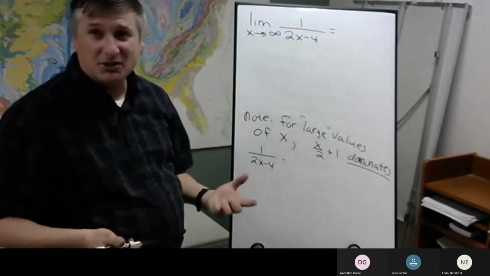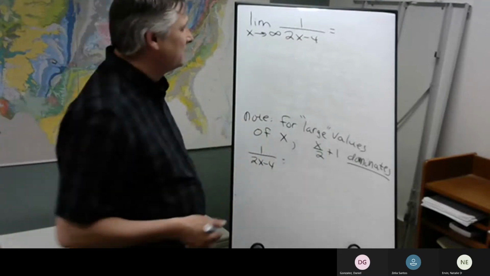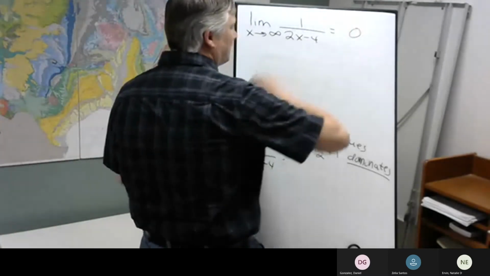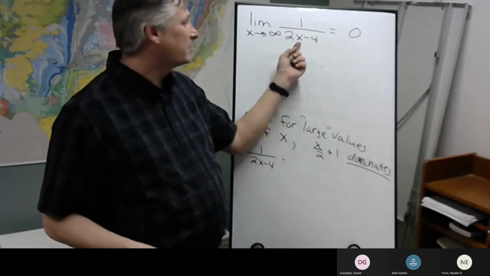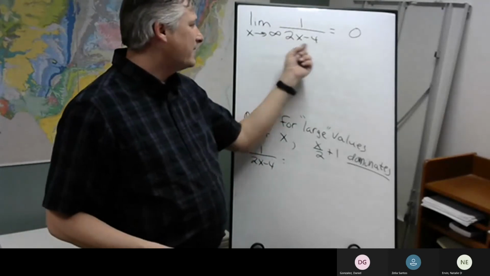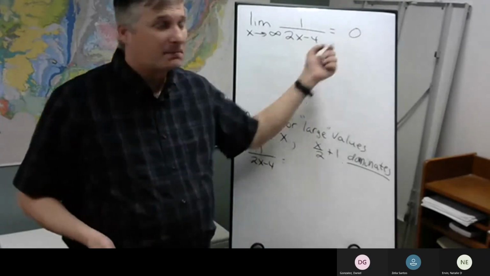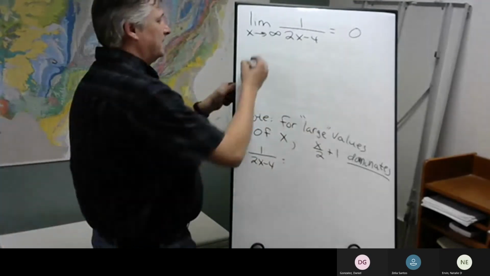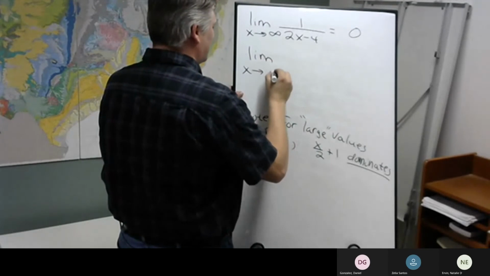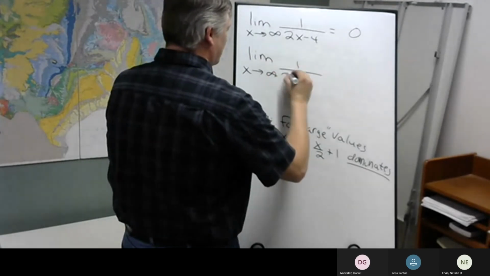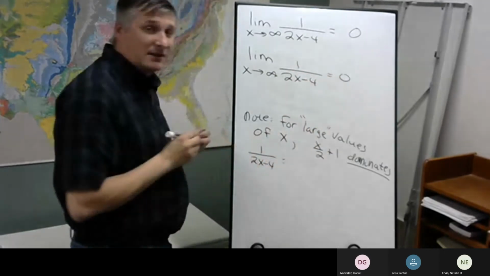This is actually a translation of it, and there is some stretching going on as well. But this is going to actually be 0. The way you can think of it, as x gets bigger and bigger, if you take 1 and divide it by a bigger and bigger number, I'm going to get a result that's getting closer to 0. Same thing with negative infinity. I get the same thing.